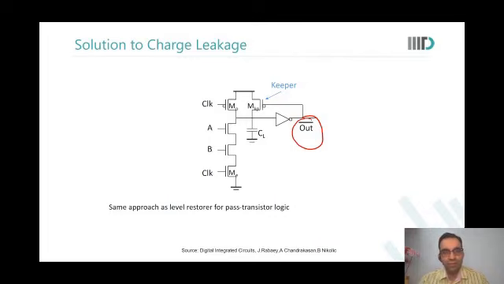I understand that we have to keep it to the minimum size, but what exactly will be the sweet spot? How do I know that? You check the leakage of your device at FF 125. In fact, you should do it at FS, fast NMOS, slow PMOS.